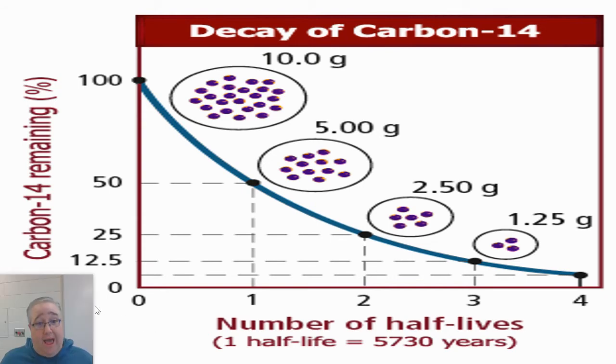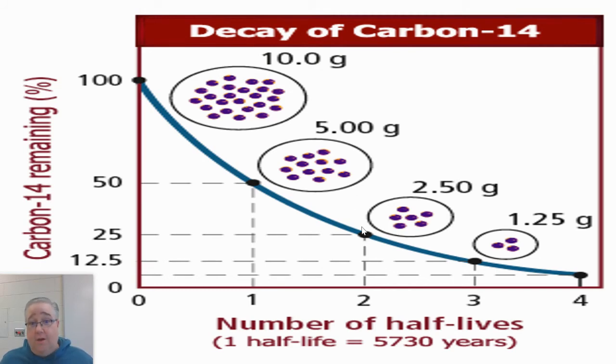At 0 half-lives, we have 100% of our material. Let's just say it's 10 grams. After one half-life, we only have 5 grams left, which is 50%. After a second half-life, you have 2.5 grams left.